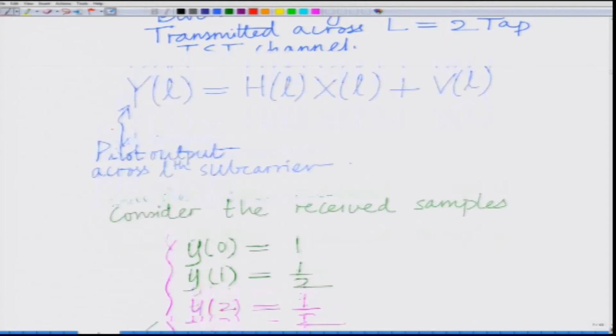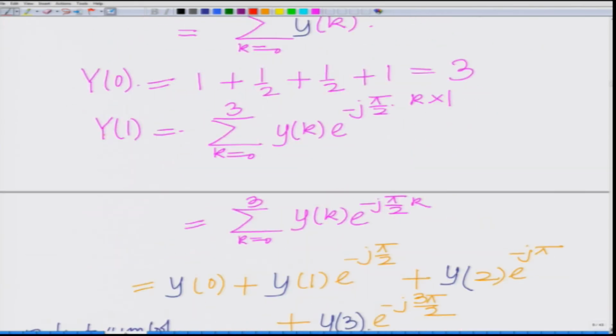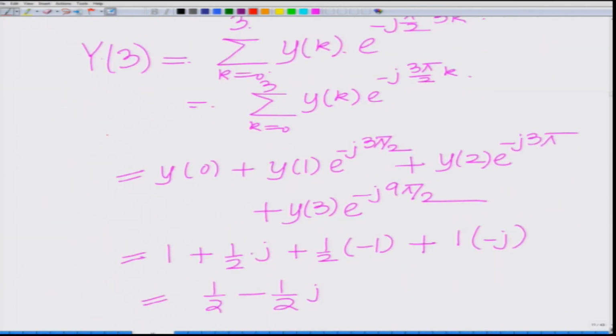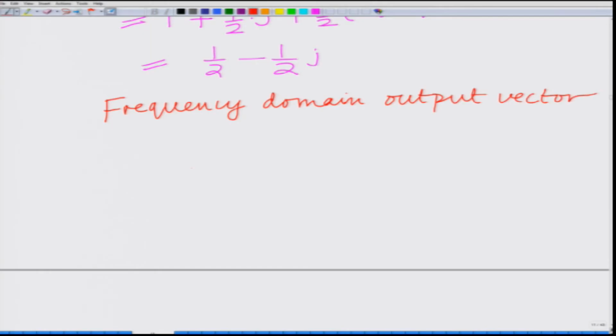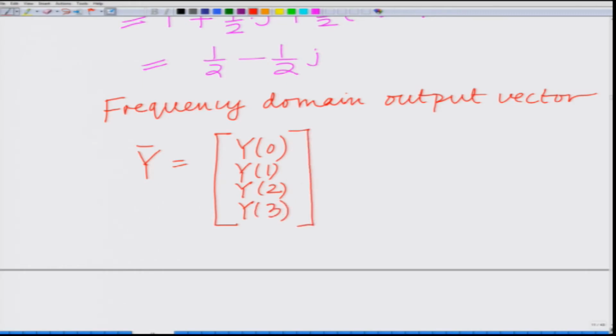Now, we have found the corresponding frequency domain output symbols, the capital Y0, capital Y1, capital Y2, capital Y3, and therefore the frequency domain output vector comprising the symbols received across the subcarriers is Y bar equals Y0, Y1, Y2, Y3.